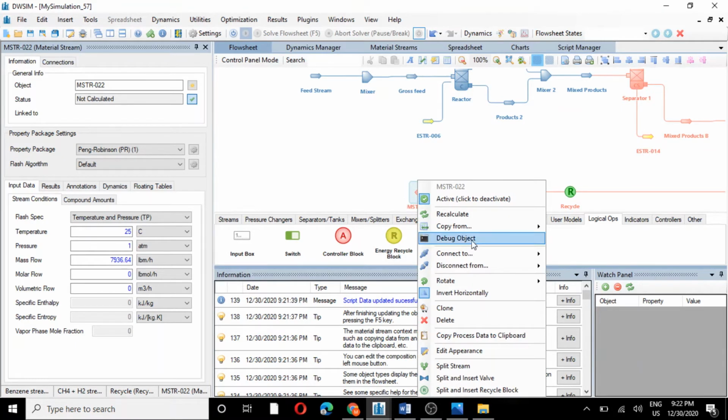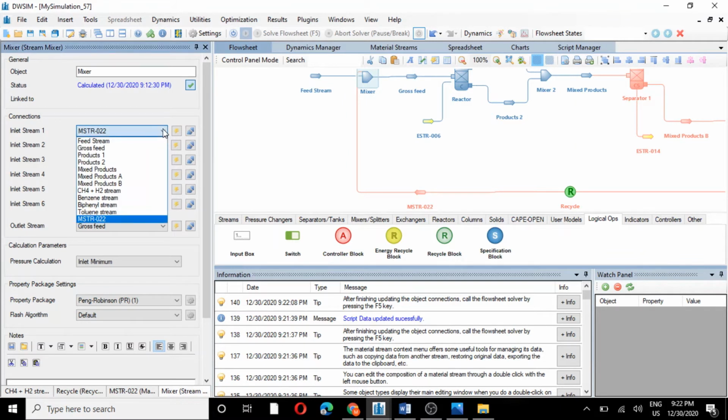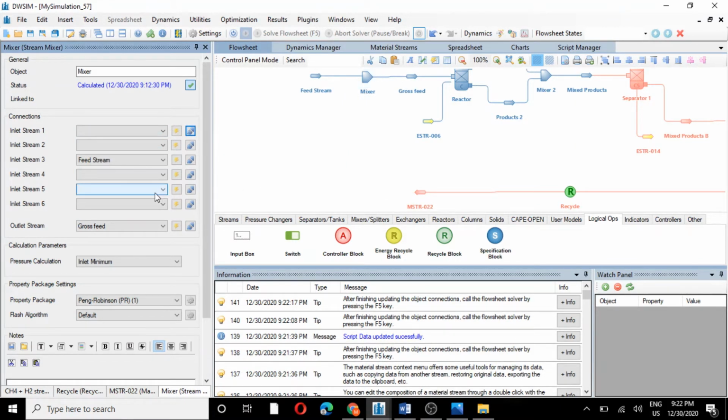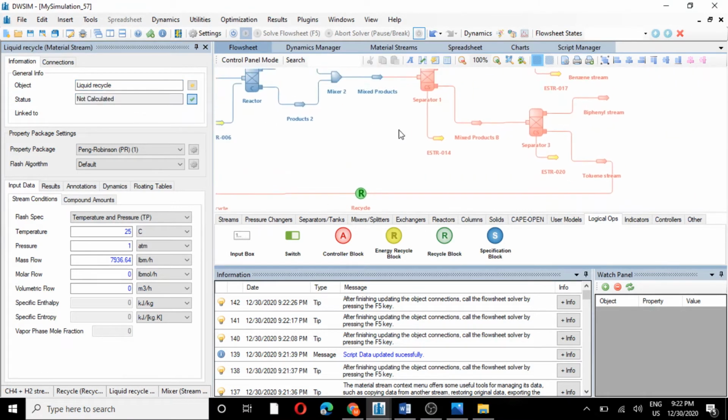So we have to connect to mixer. I'm just gonna disconnect first, and we're gonna connect this to inlet stream 5. I'm gonna name this liquid recycle, enter.